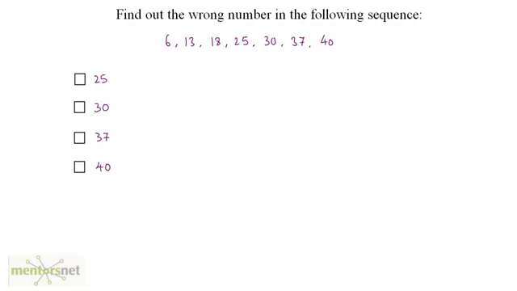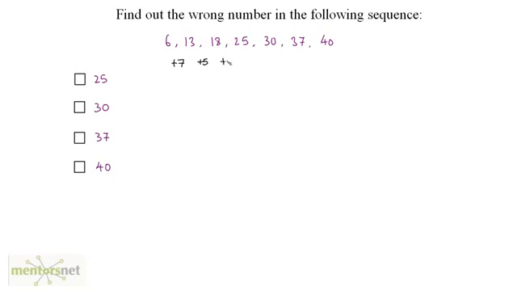What is the answer of this question now? Let us find the relationship between the first and the second. Well, if you add 7 to 6, you get 13, so plus 7. Now you need to add 5 to obtain 18 from 13, right?